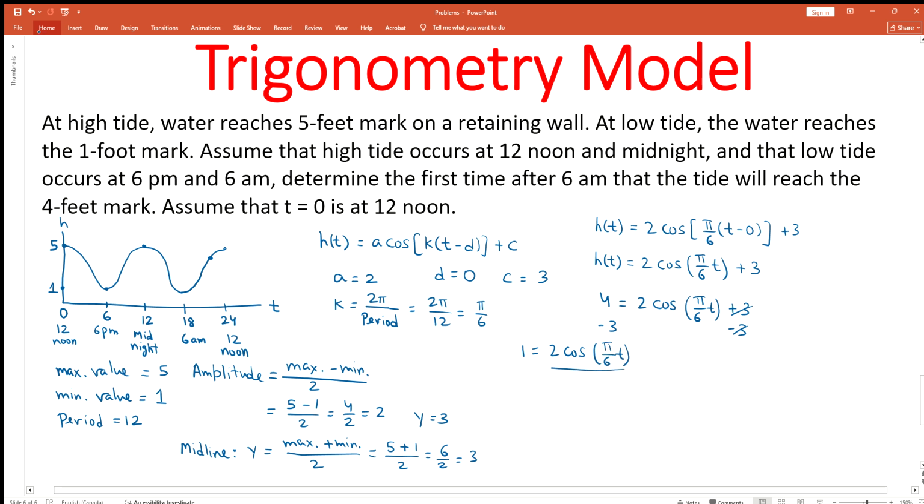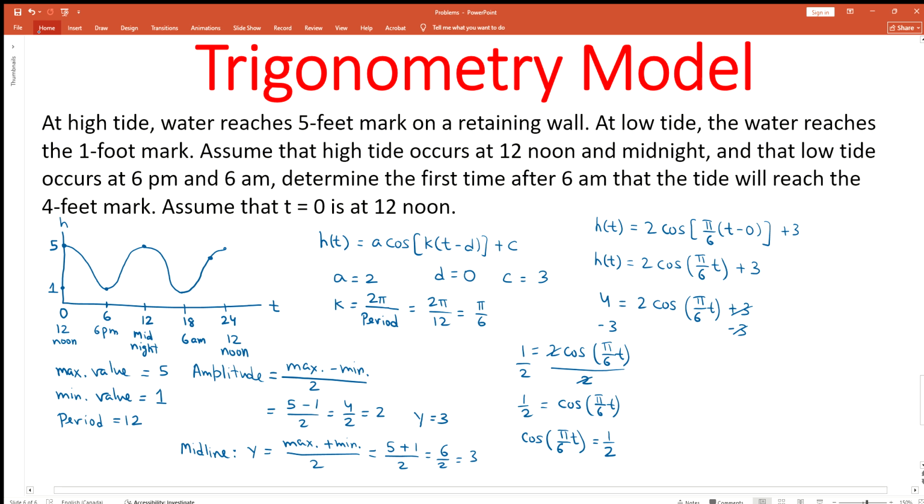Next, we can divide both sides by 2. I get cos pi over 6t equals 1 over 2.